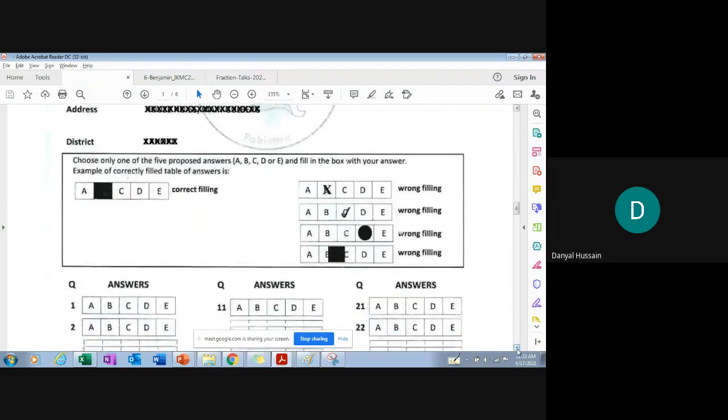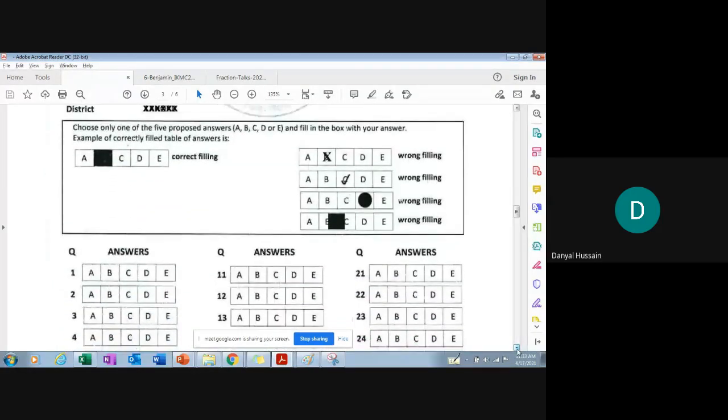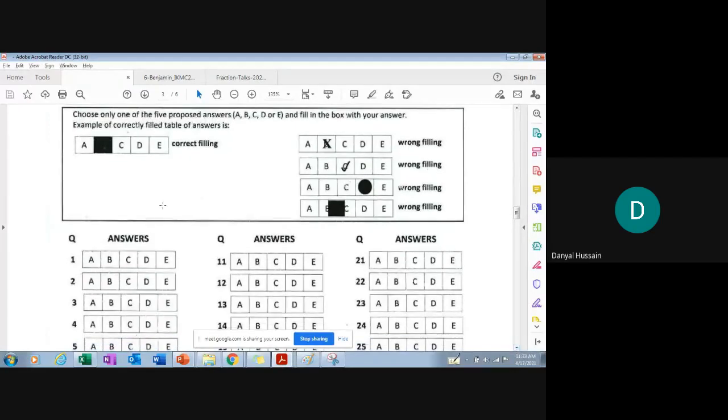Now, how can you fill the options? For example, if you are selecting option B as the correct option, and you are 100% sure about it, you have to fill your answer key like this. If you make a cross, it will be considered wrong filling.